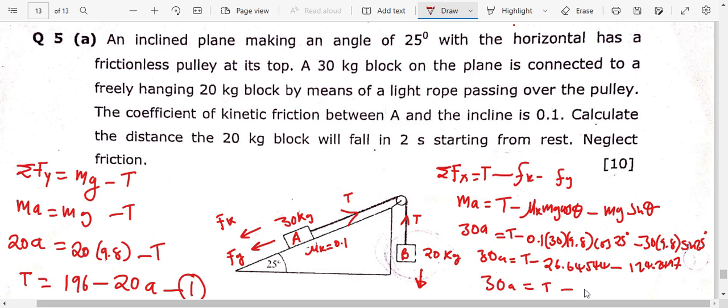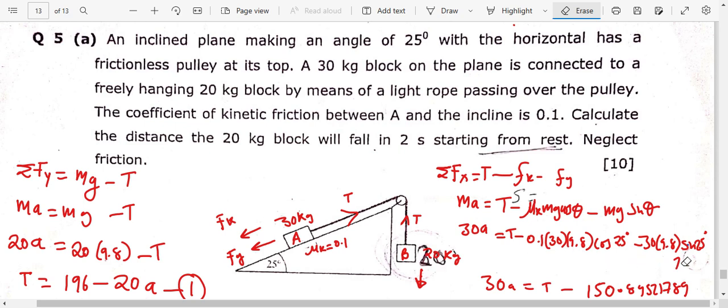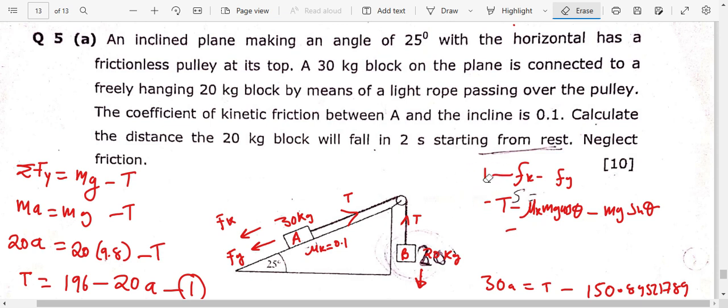So the value I was punching will give us 150.895211789. Okay, so that is what we are going to get. Now the next thing from there, I'm going to make tension the subject of the formula.